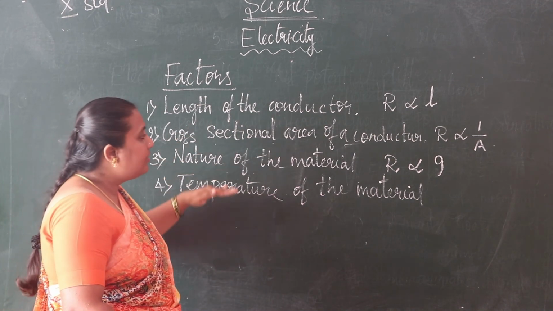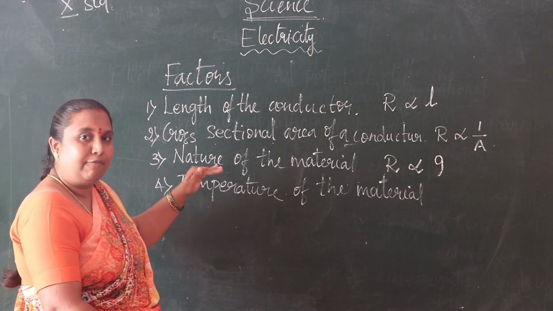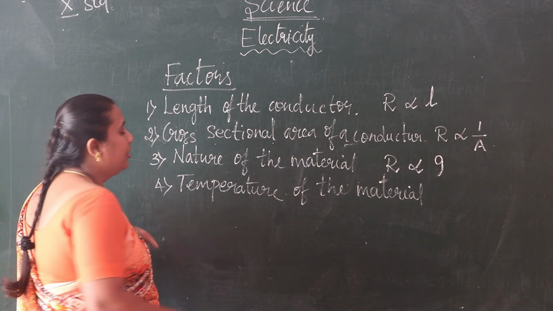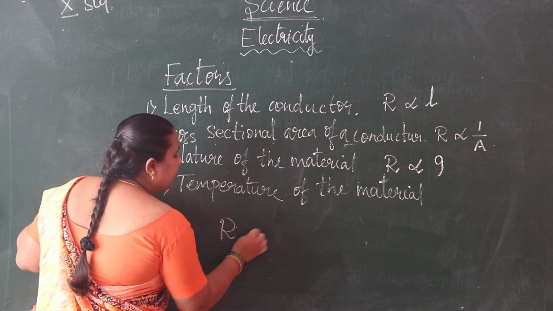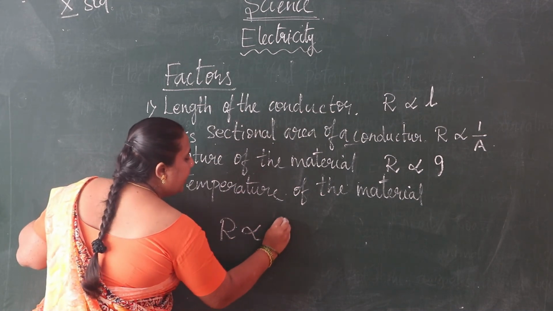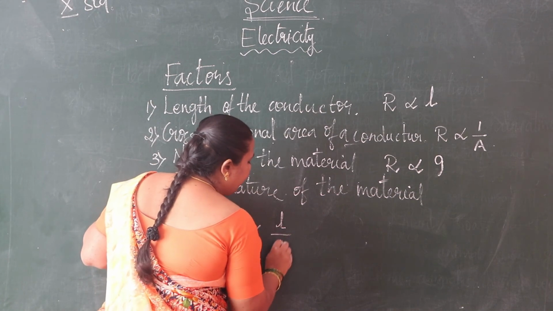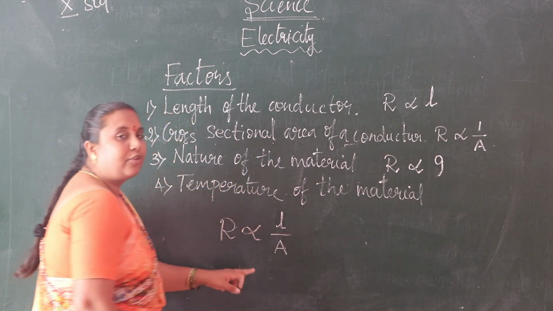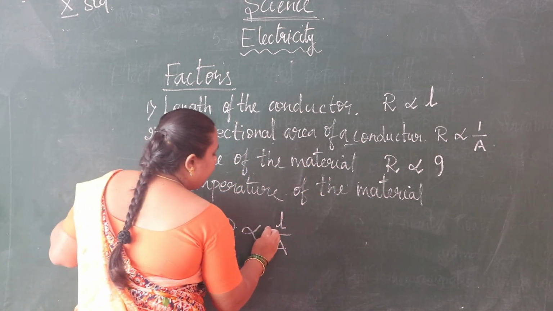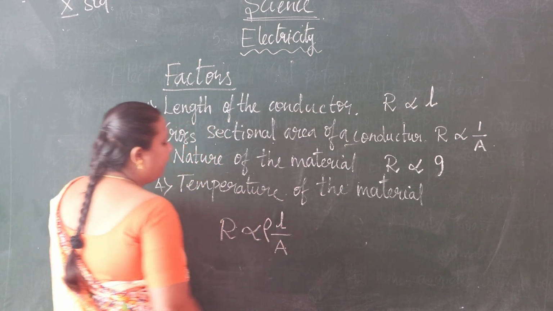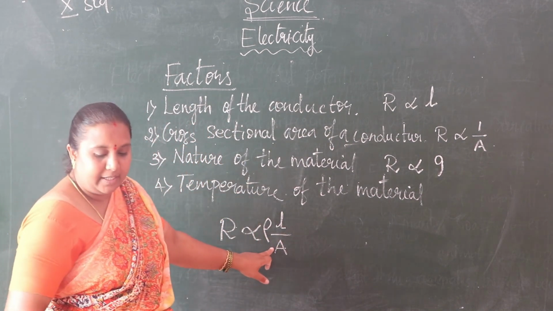So all these we can write in a single formula. R is directly proportional to L, inversely proportional to area of cross section, and directly proportional to rho, the nature of the material.